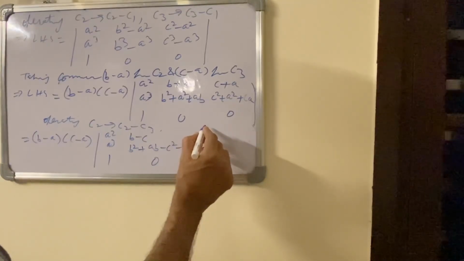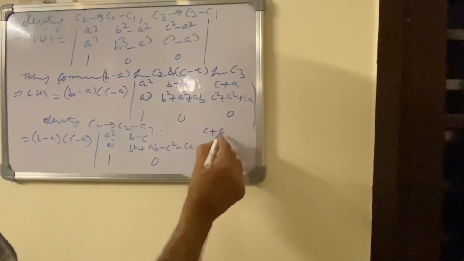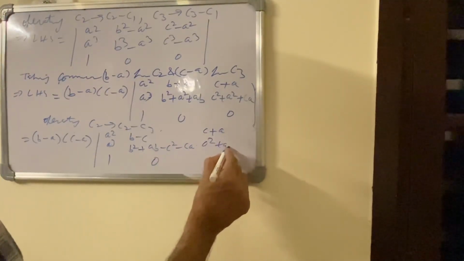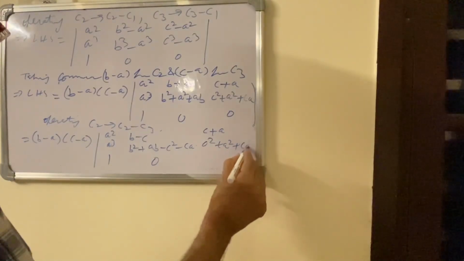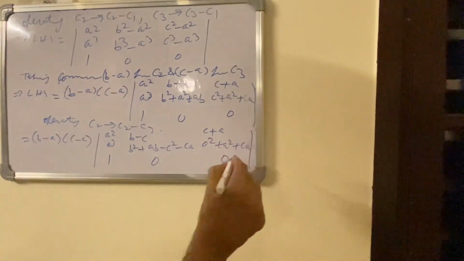Third is same: c plus a, c square plus a square plus ca, 0.